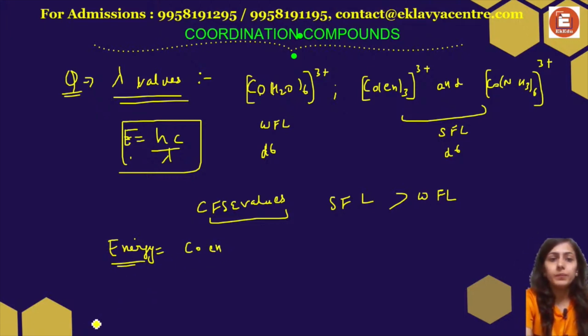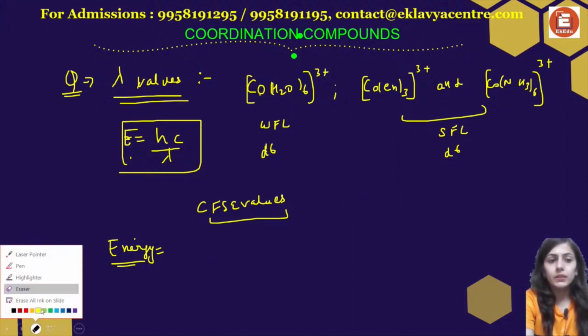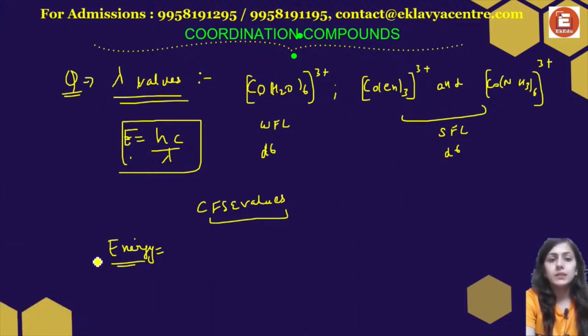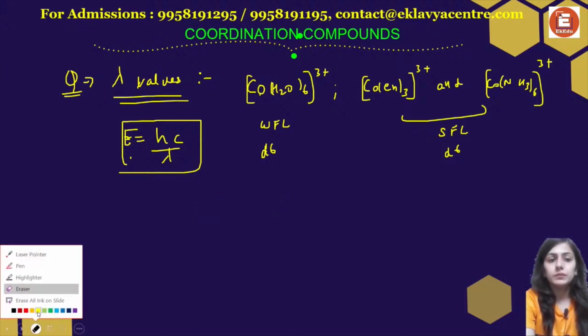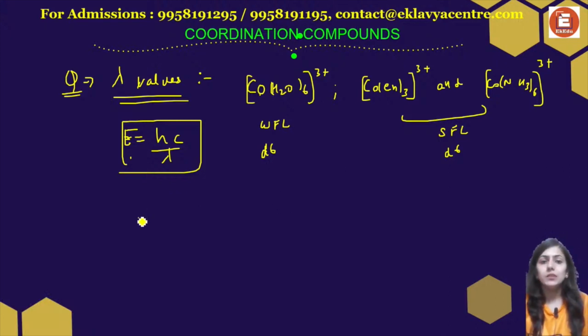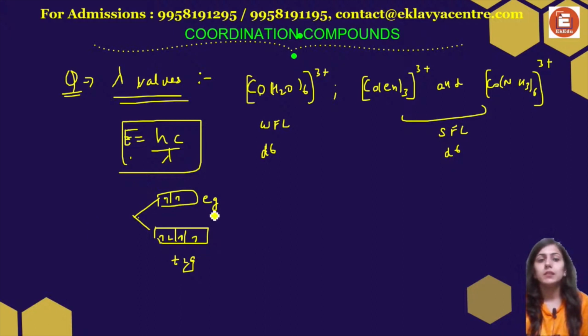Let's try to calculate the CFSE values for d6. First, for weak field ligand it will be t2g, eg: 1, 2, 3, 4, 5, 6.